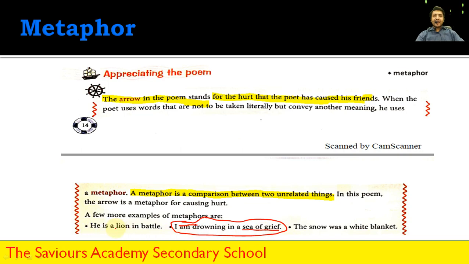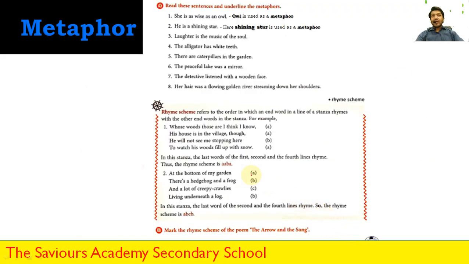He is a lion. Lion is a metaphor. The snow was a white blanket. White blanket is a metaphor. Snow and white blanket do not really actually relate together.